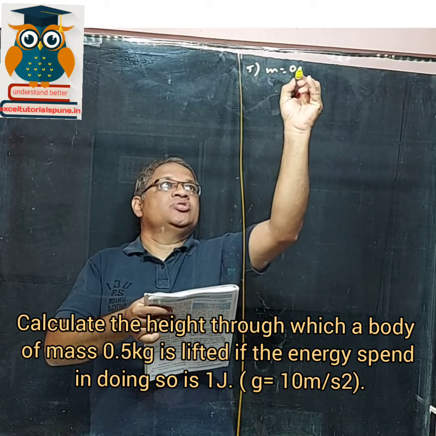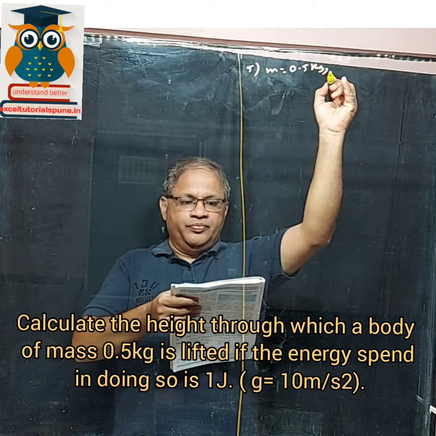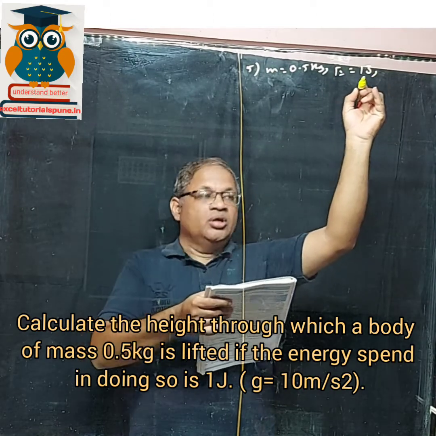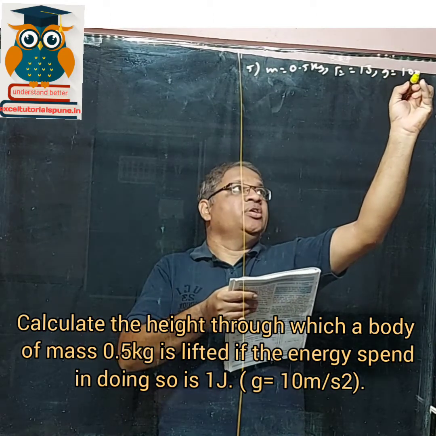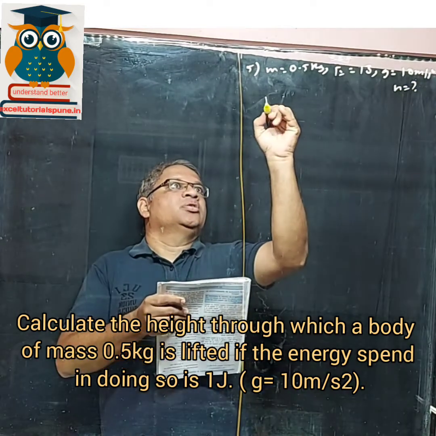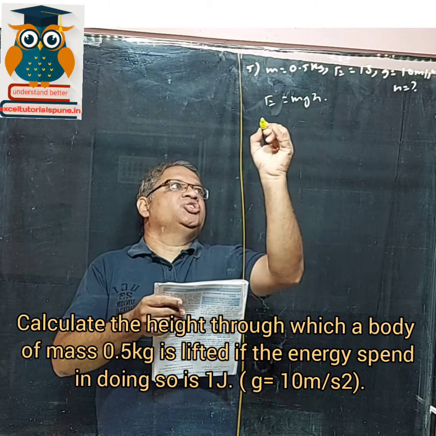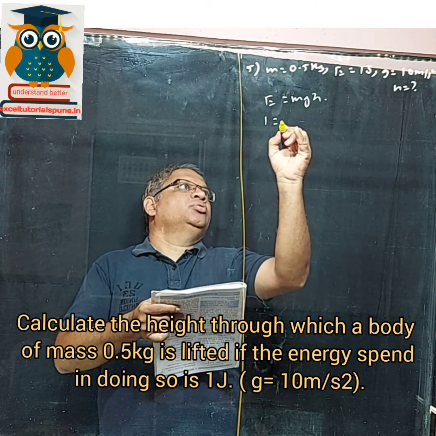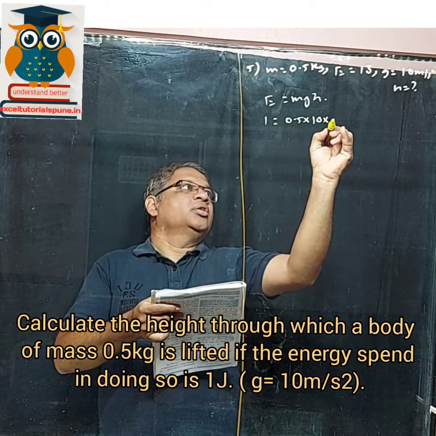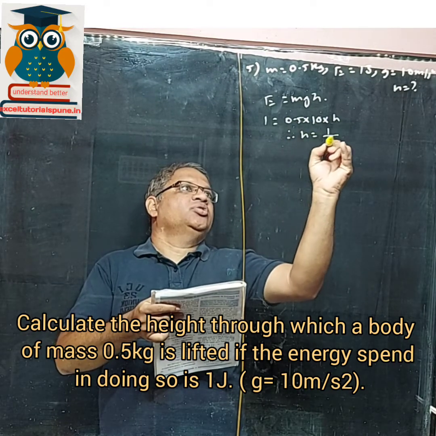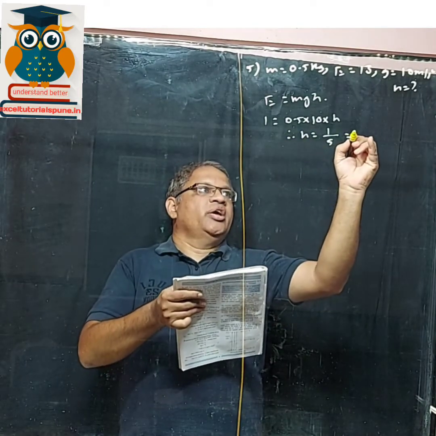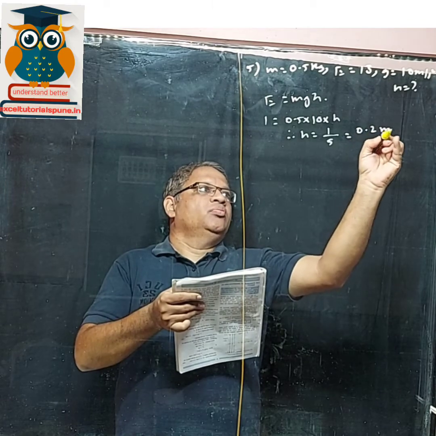Mass is 0.5 kg, energy is 1 joule, g is 10 meter per second square, and height is the question mark. So 1 is equal to 0.5 into 10 into height. Therefore height is equal to 1 upon 5, since 0.5 into 10 is 5. So that is 0.2 meter.